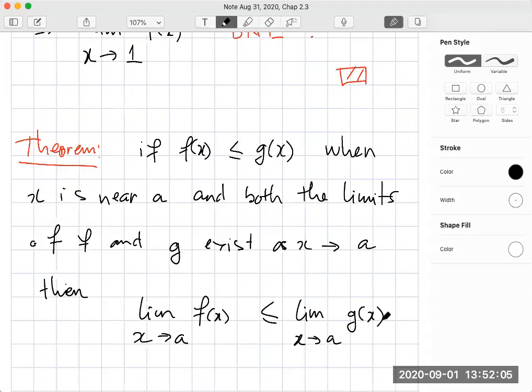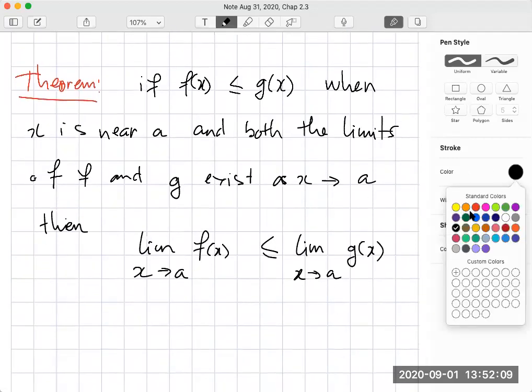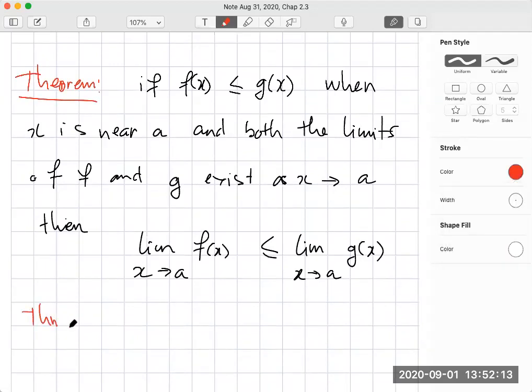Applying this theorem, we have the hamburger theorem, or we call it the squeeze theorem.